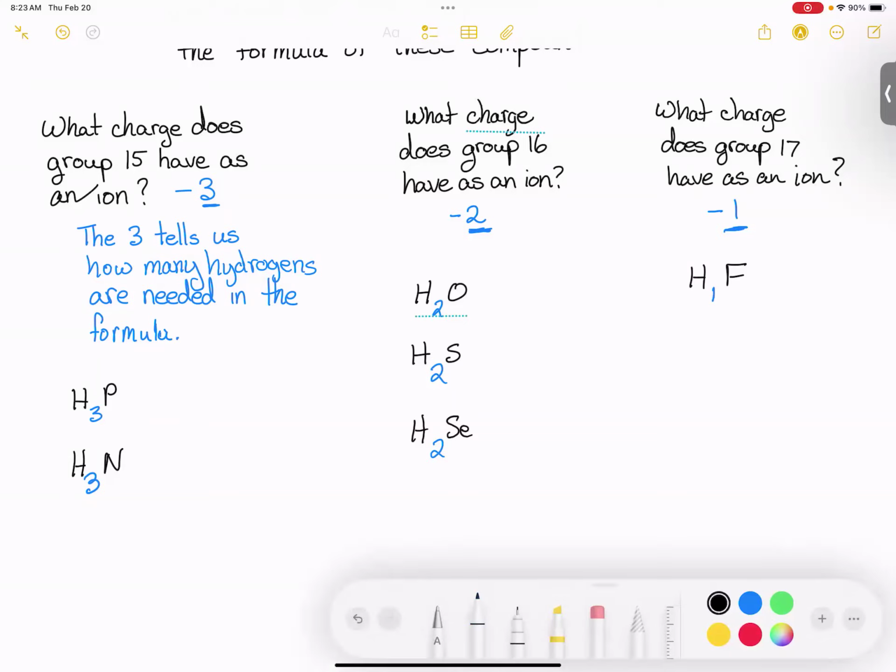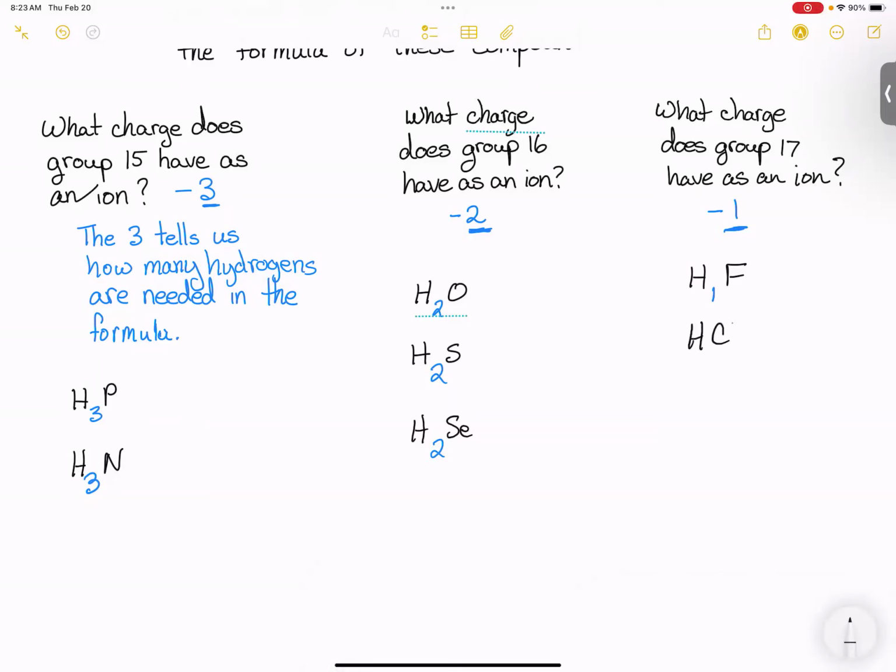Hydrogen and chlorine, 1-to-1. Hydrogen and bromine, 1-to-1. And hydrogen and iodine, 1-to-1. Questions about how we develop the formula for these compounds?